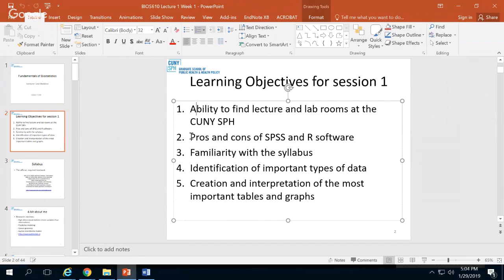We'll talk some today about pros and cons of SPSS and R software. SPSS is a menu-driven software that Tony will be using in the lab portions this semester. R is a programming language, and the one that I use for my research. We'll talk about it more during lab session, and you'll have a chance.